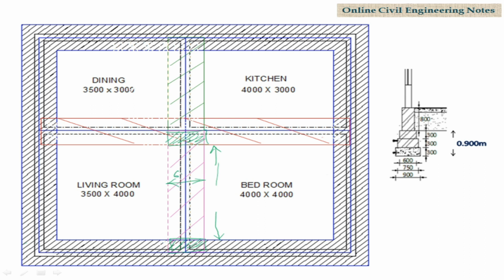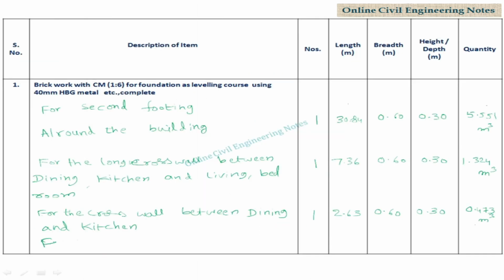Width is 600 mm, length is 4.23 minus 0.6 by 2 minus 0.6 by 2, which is equal to 3.63 meters. For the cross wall between living and bedroom. Number is 1, length is 3.63, width 0.6 meters, depth or thickness 0.30 meters.